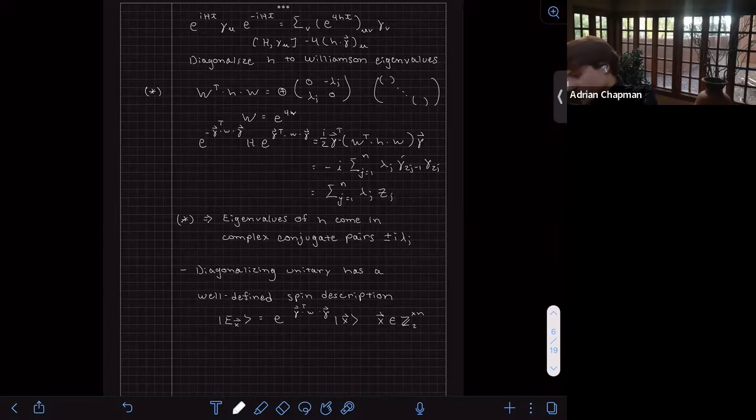I believe this actually has a -9. Okay, so this is now a well-defined exponential of Pauli operators, acting on a computational basis state. So this defines for me the eigenstate of the Hamiltonian in the spin picture. Okay, so I guess that's an example of a free fermion system.